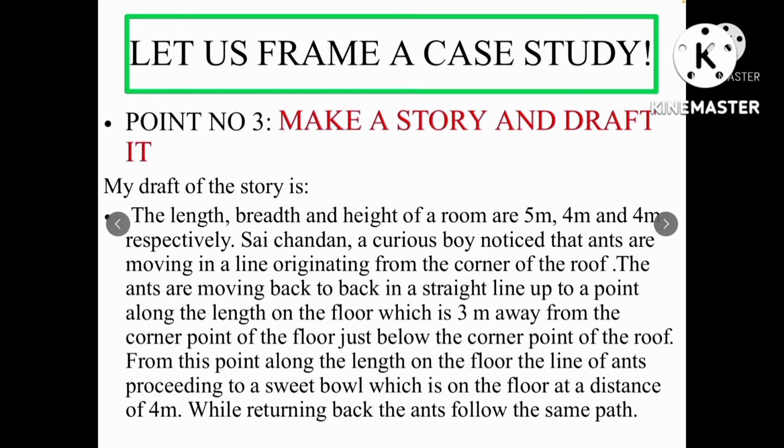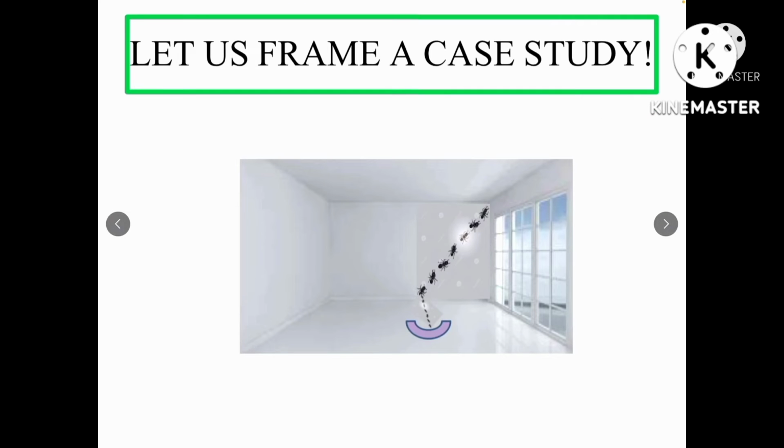The ants are moving back to back in a straight line up to a point along the length on the floor, which is 3 meter away from the corner point of the floor, just below the corner point of the roof. From this point along the length on the floor, the line of ants proceeds to a sweet bowl which is on the floor at a distance of 4 meter. While returning back, the ants follow the same path. So this is my draft of the story.